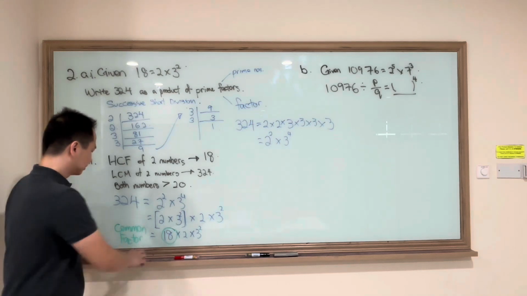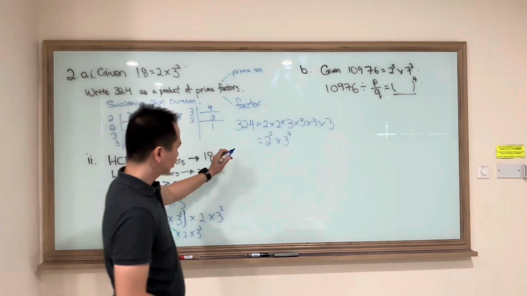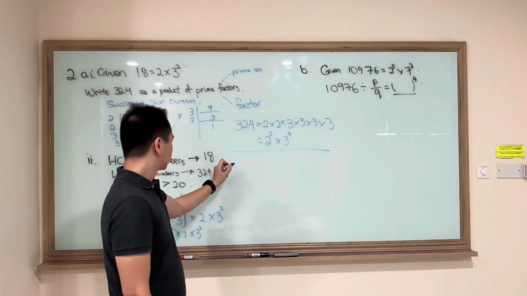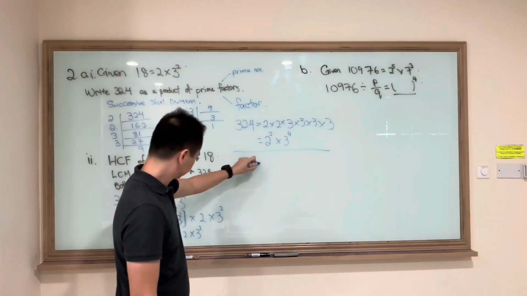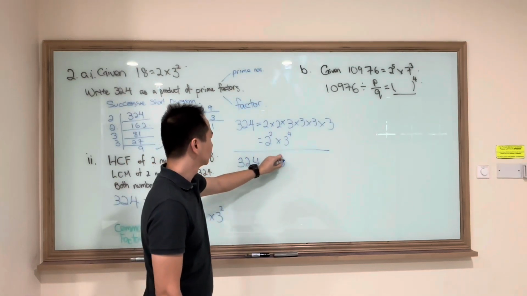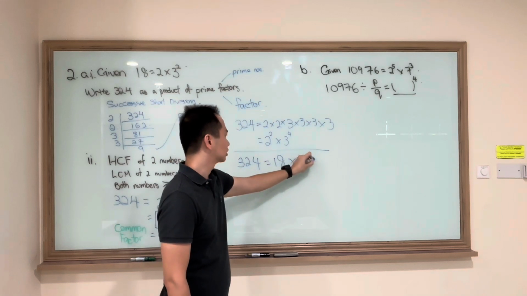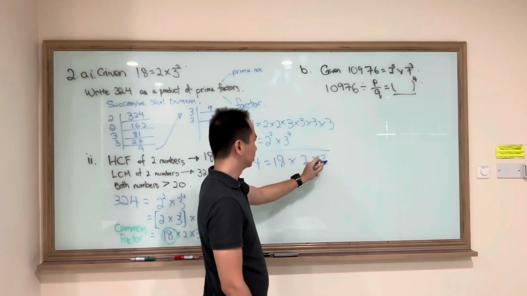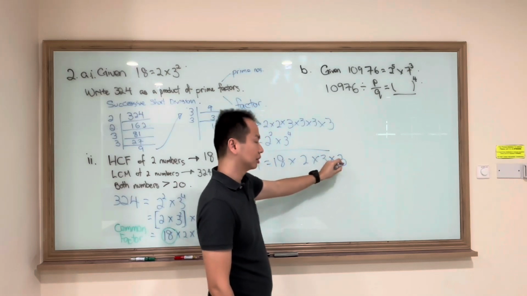Due to lack of space, I'm going to write up here. 324 goes to 18 times 2 times 3 to the power of 2, or we expand it, times another 3.